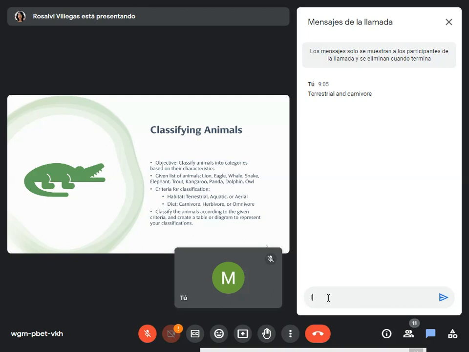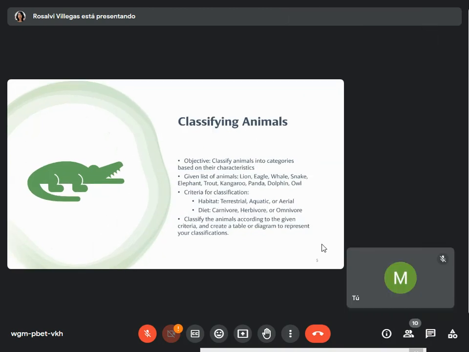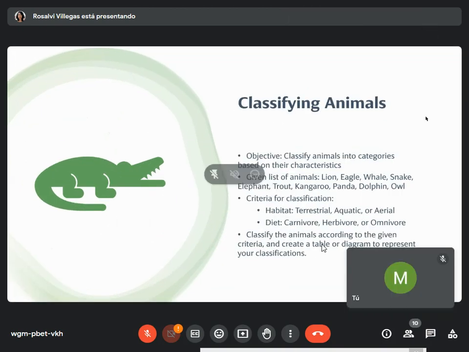So let's make a table. Which one here? Maybe the trout. I think it's a fish. It is a fish. Aquatic and herbivore. Perfect. The kangaroo.